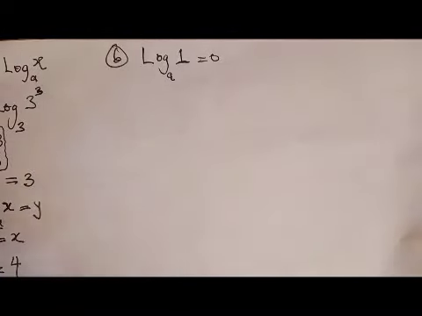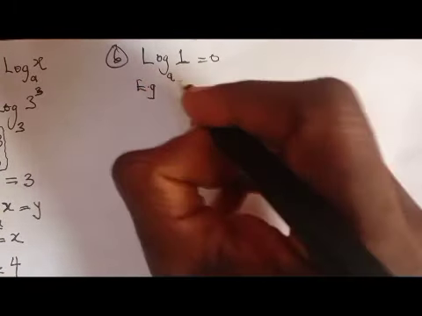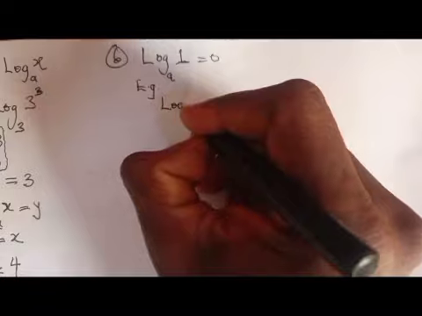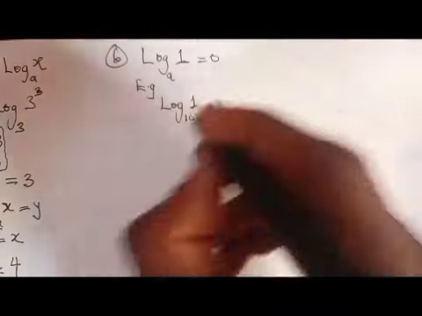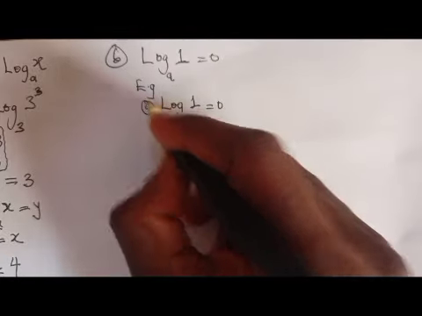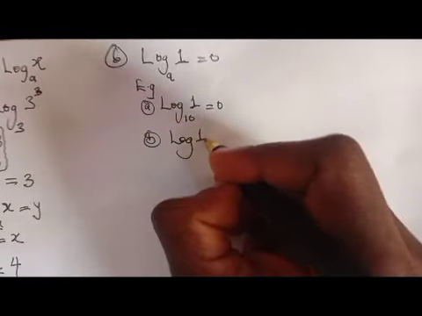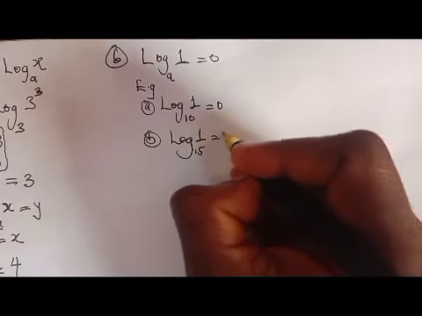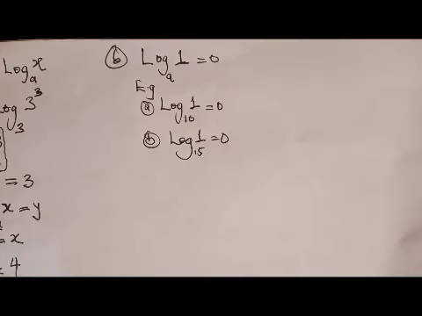For example, if I am given log 1 to base 10, it is 0. Or if I am given log 1 to base 15, it's still going to give me 0. So that's what this particular law is saying.